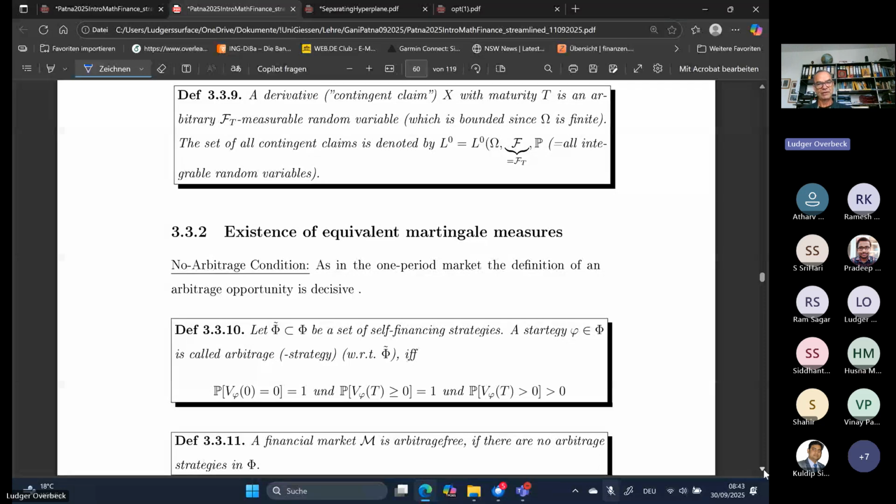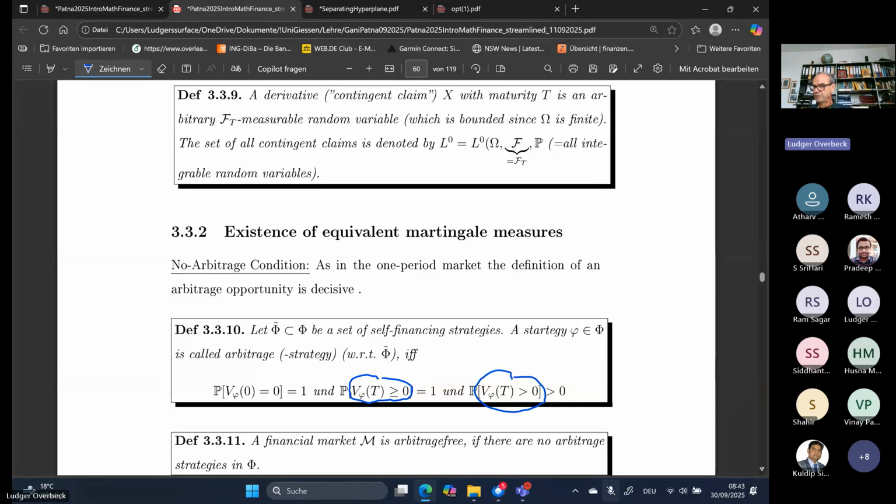What you do in between, you can be very clever, but your goal is at final time T, you have a portfolio such that the value of this portfolio is non-negative, always with probability 1, meaning you will never have a real loss, and sometimes you have a real gain. That's the arbitrage we had before, just now you have time points in between where you can act.